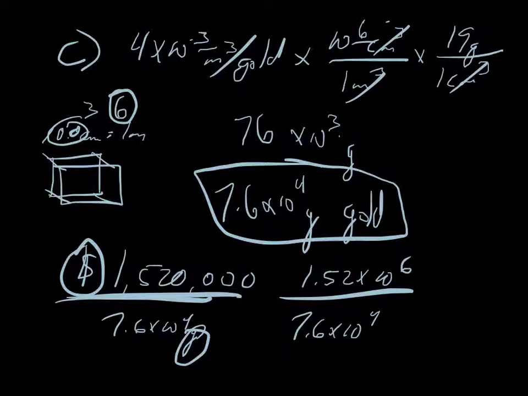Right, and so what you can see here is if you rough this out, actually it works out really well. 1.52 divided by 7.6 is actually 0.2. Right, but if you couldn't see that right off the bat, you could do it like this, 1.52 divided by 7.6. Right?